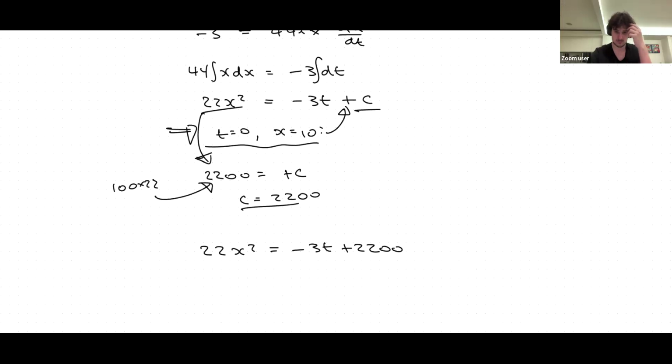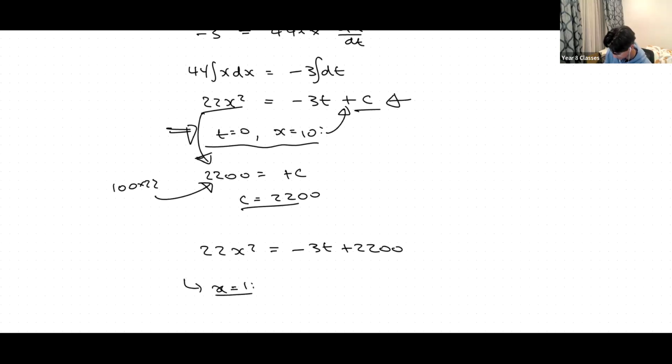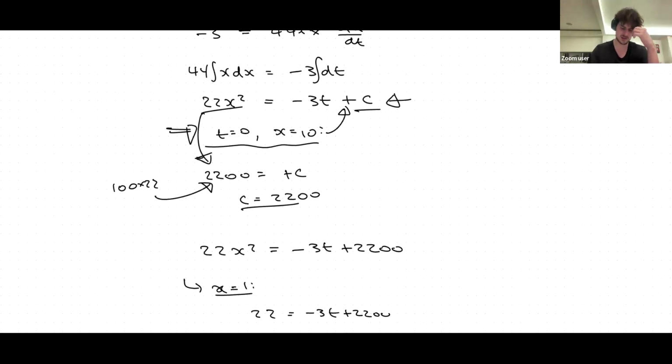And if you remember, we're trying to find when x equals 1. So now just let x equal 1: 22 equals minus 3t plus 2200. So what is your t going to be? 726.